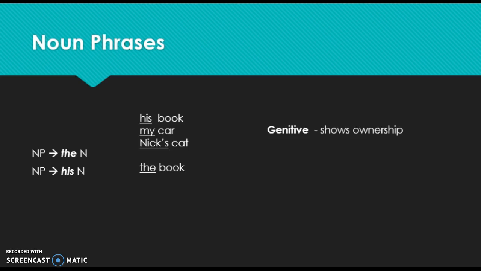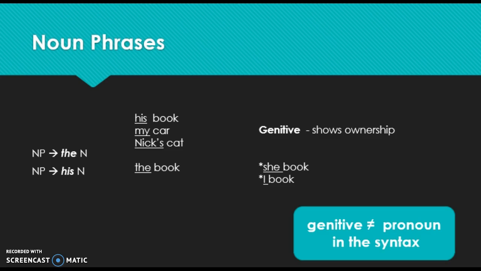I want to be clear, however, that the genitive does not equal a pronoun in the syntax, and I'd like to show you that by saying that if we take a prototypical, a typical pronoun like I or she, that cannot occur right before a noun in the same way that the book is.